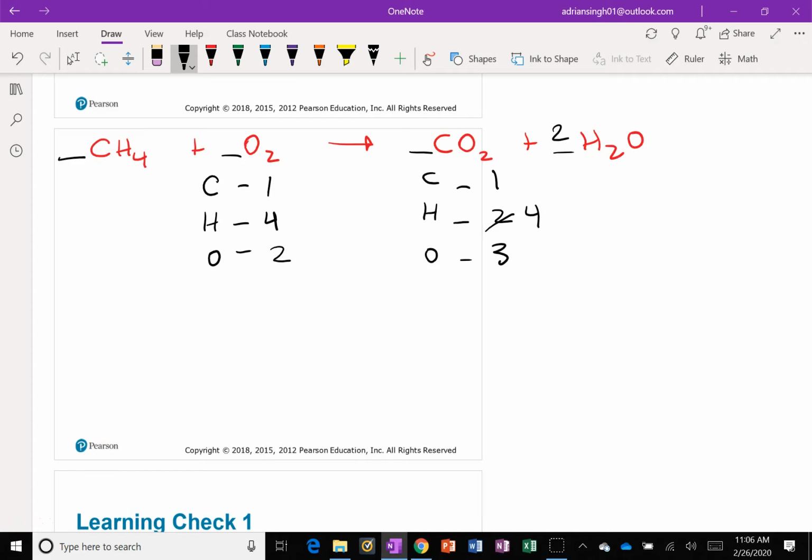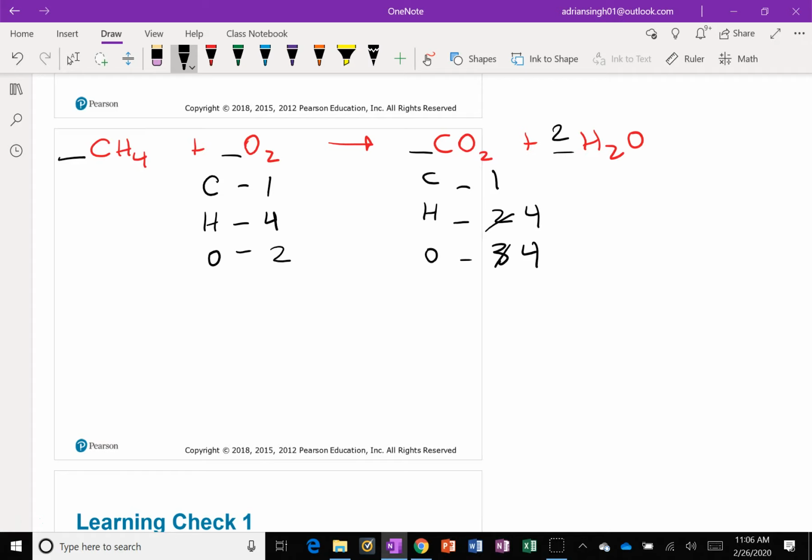Now how many O's do we have on the right side? So how many O's on the right? Okay, I'm hearing 3, 4, 5, somebody say 8. There's 4. So 2 from the CO2 and then 2 from the H2O. So 4 O's on the right side.